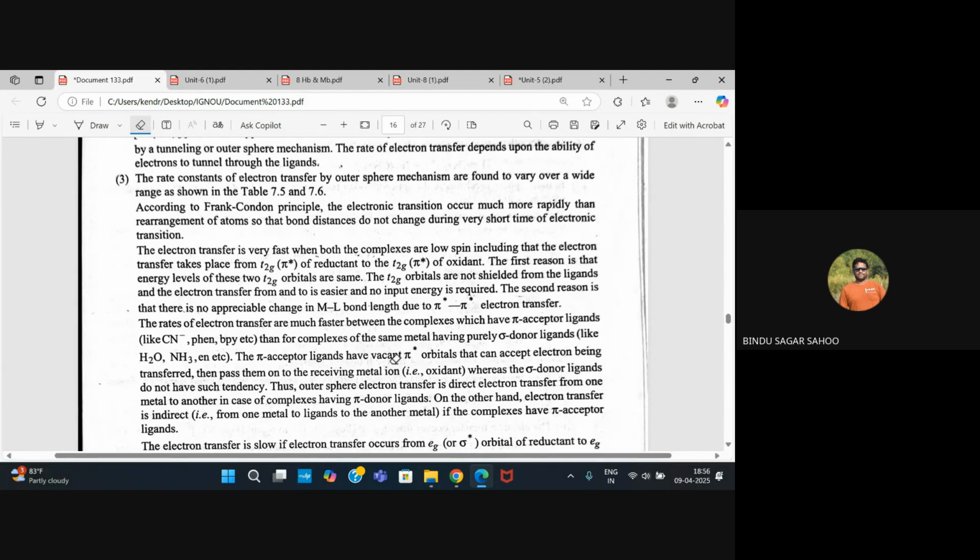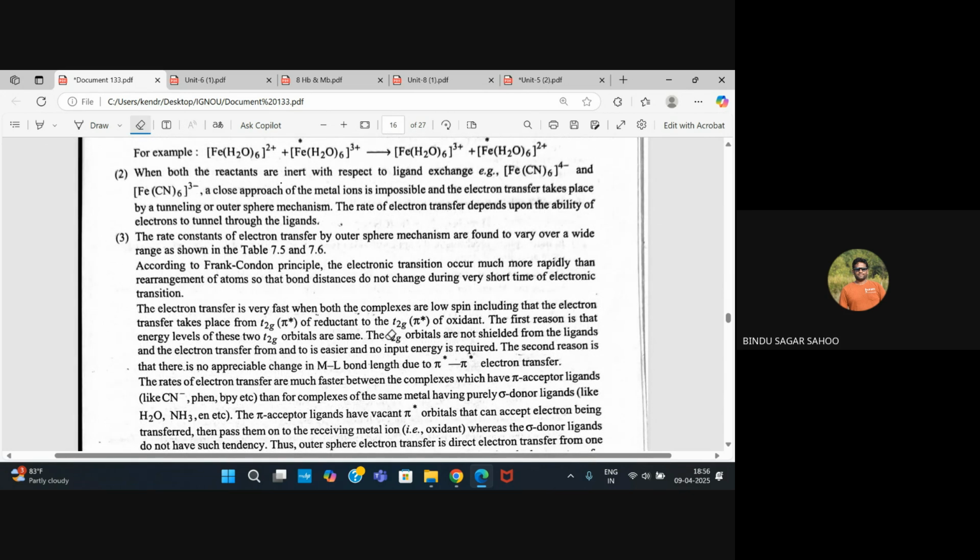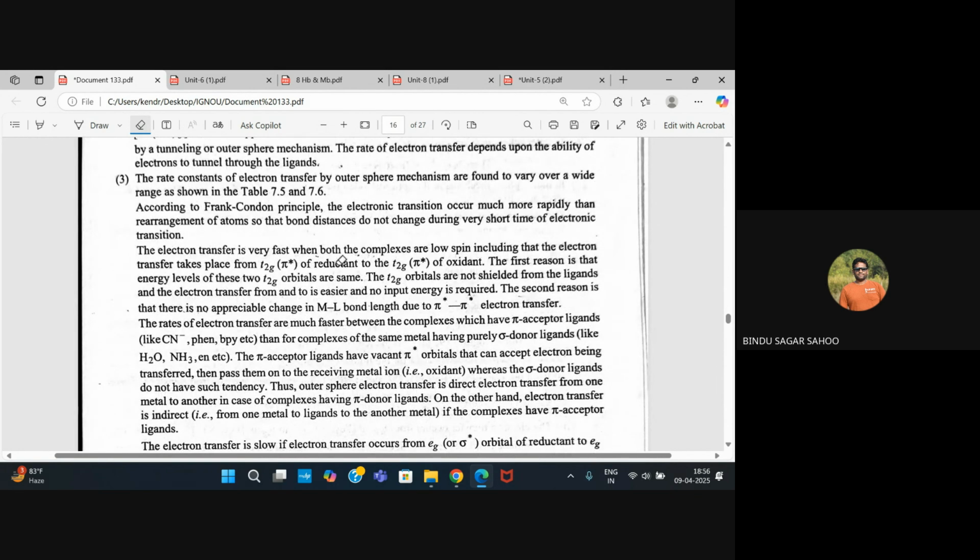If pi acceptor ligands are present in the complexes, the electron transfer process will be faster. Here cyanide is a pi acceptor ligand, but water is not a pi acceptor; it is a pi donor. When a pi acceptor ligand is present, it can easily create conditions by which the electron can transfer.